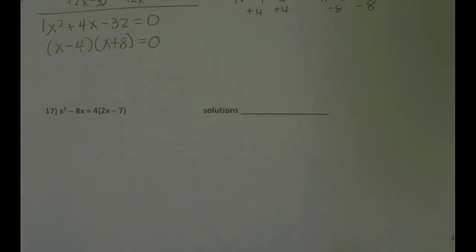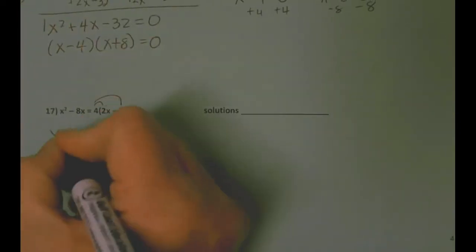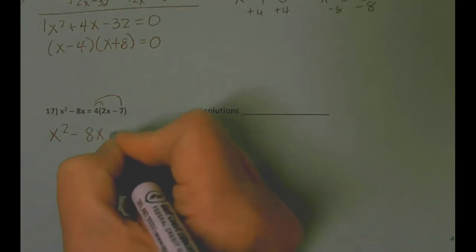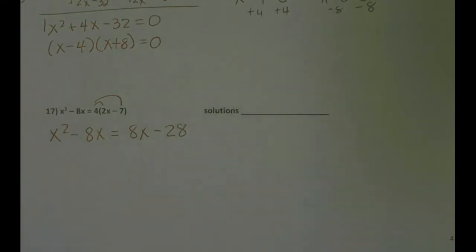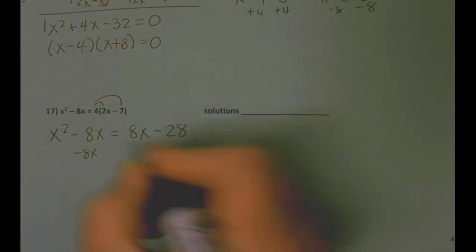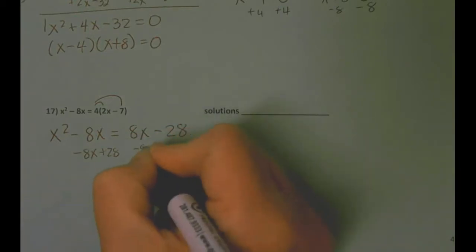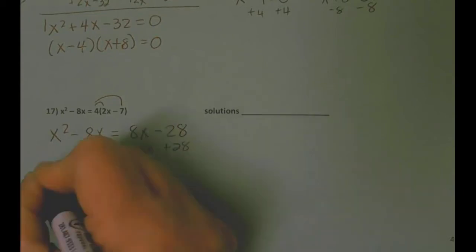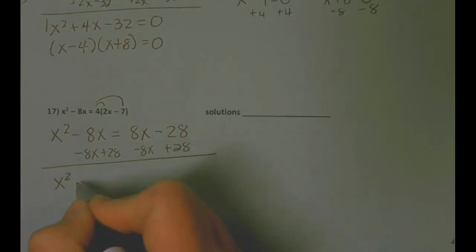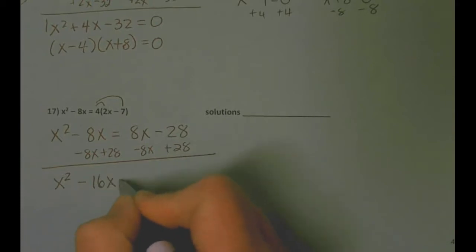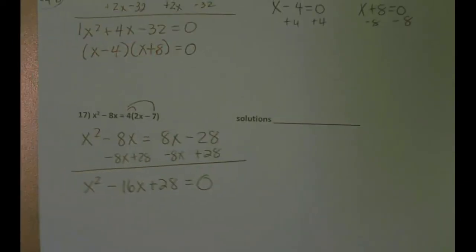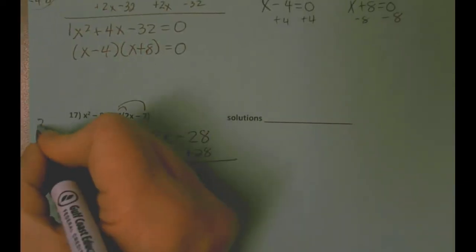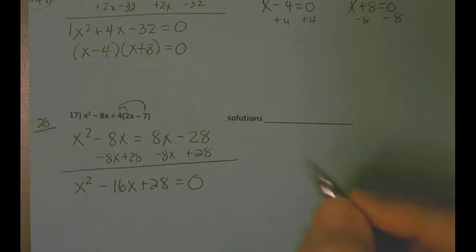Before I can solve this quadratic, I need to distribute. To solve this quadratic, it needs to be equal to 0. So I am going to subtract 8x and add 28 to both sides. And then I'm going to write down the factors of 28. Let's see, that's a positive 28.